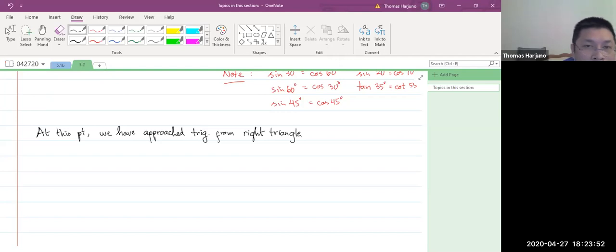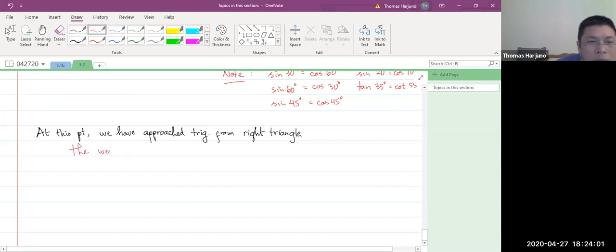Okay, now, but the issue with the right triangle approach, the weakness of this approach is we dealt with acute angles only.